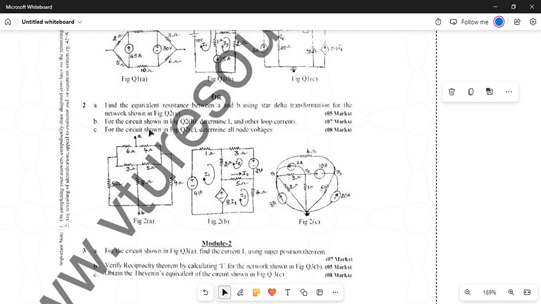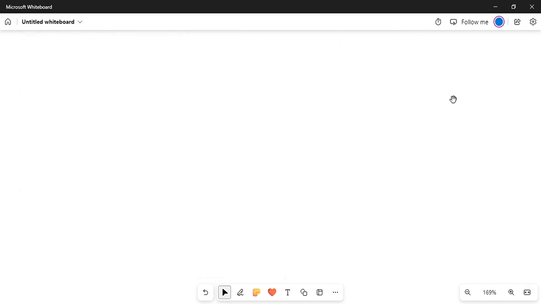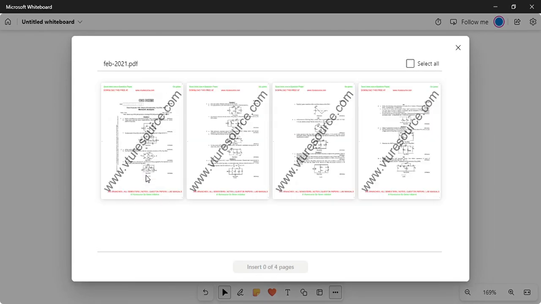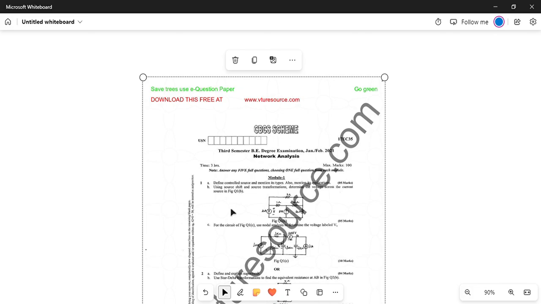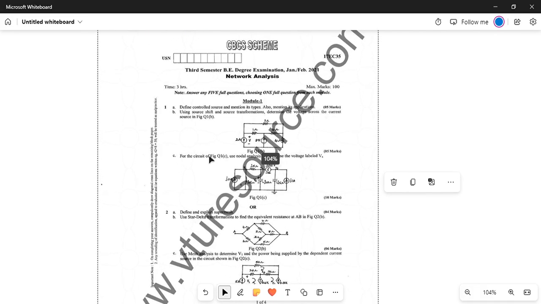That is, for the circuit shown in figure, determine all the node voltages. This one we have already seen. Yes, and then the 2 more question papers are there. We'll just see. Okay, so in this question paper, you can see that there is one question.